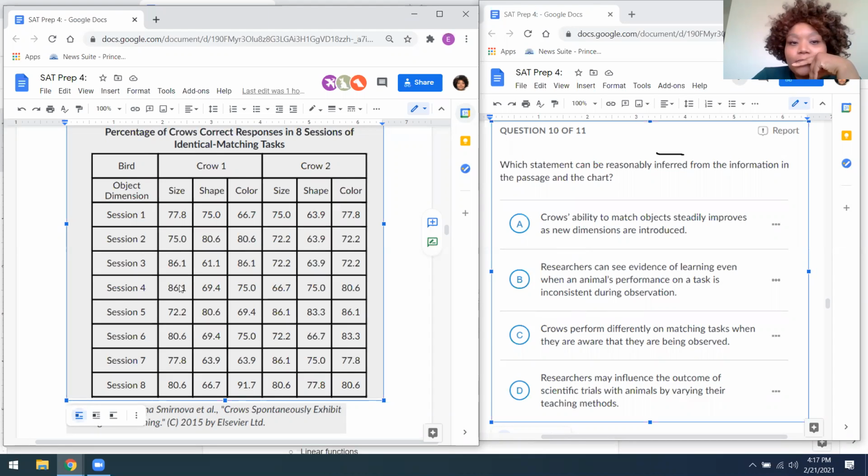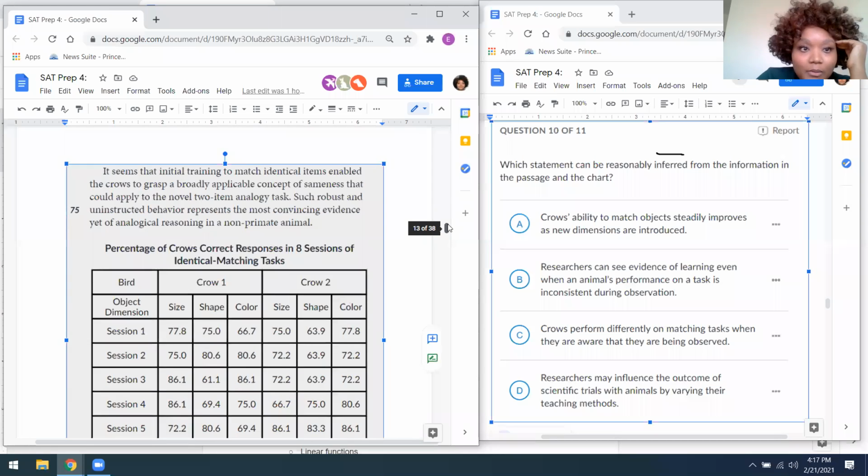And we can see that through these sessions, and you have to look through by column. When you look by column, which say Crow 1, looking at how they match size, shape, color, and the same for Crow 2, we see that there are inconsistencies in the data.